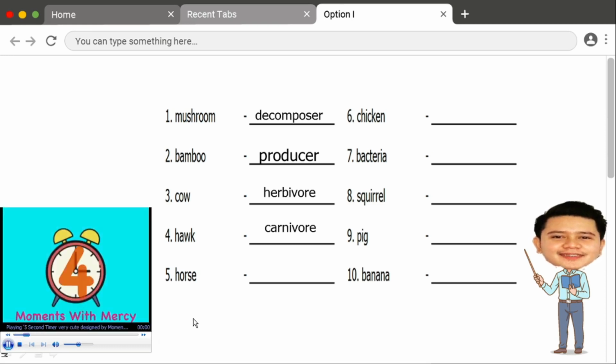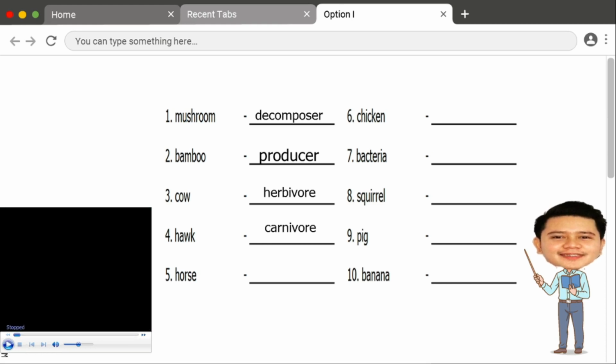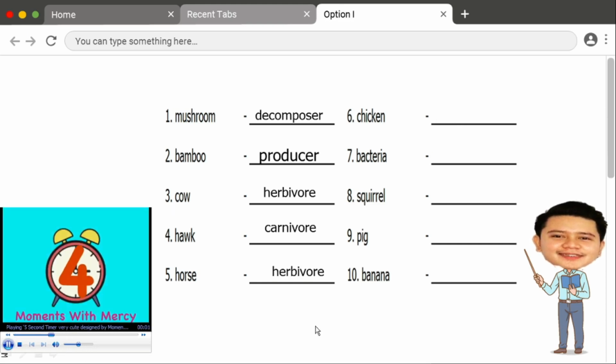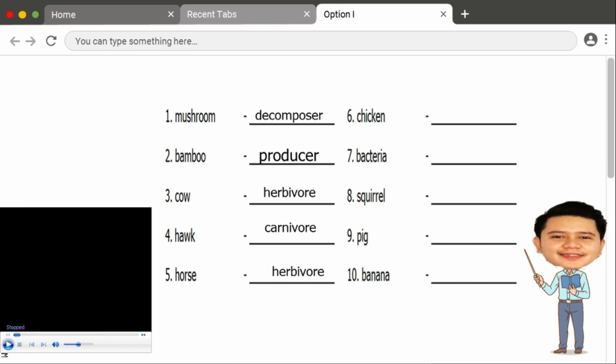A horse is a herbivore, because it can only eat plants. Next, a chicken. What kind of animal is it? Alright, a chicken is an example of an omnivore. It can eat plants and other animals.